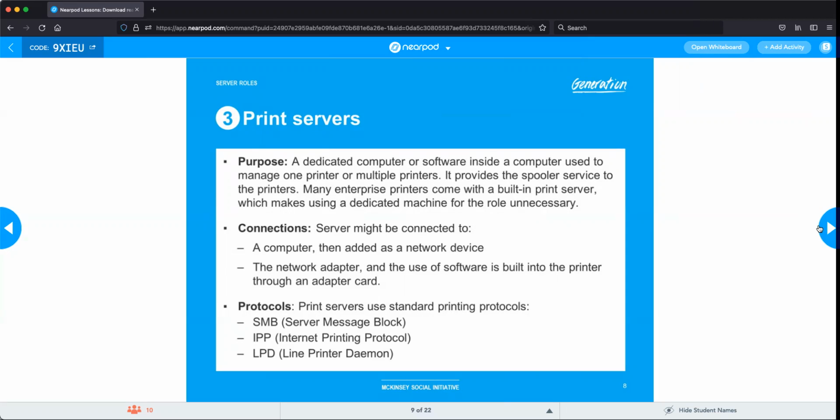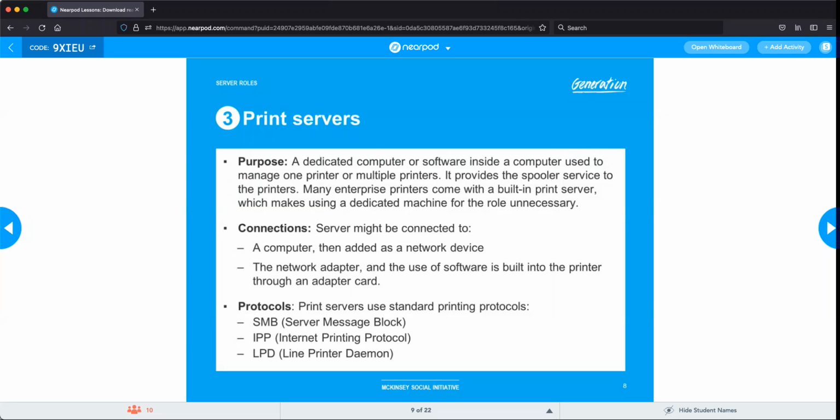Yeah, the purpose is a dedicated computer or software inside a computer used to manage one printer or multiple printers. It provides the spooler service to the printers. Many enterprise printers come with a built-in print server, which makes using a dedicated machine for the role unnecessary.